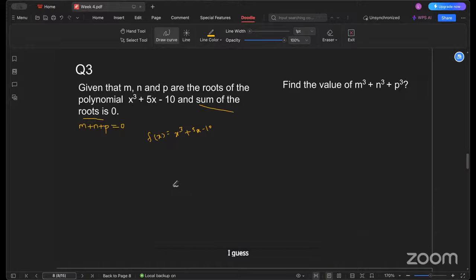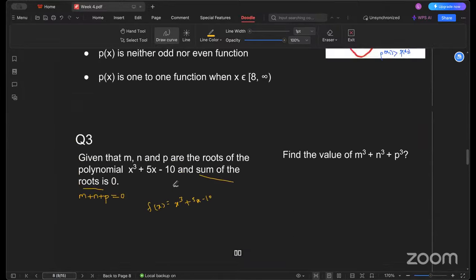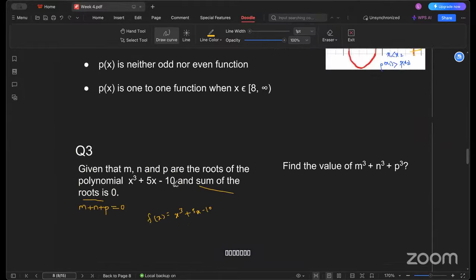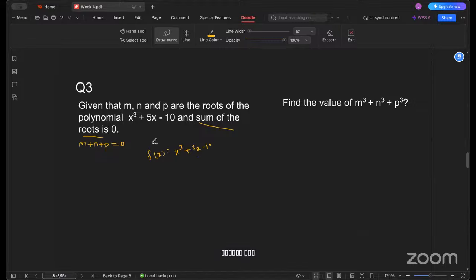I guess you are misinterpreting some formula. Please go and check the formula once. Okay. There must be some error. Ma'am, alpha beta gamma is equal to minus d by a.